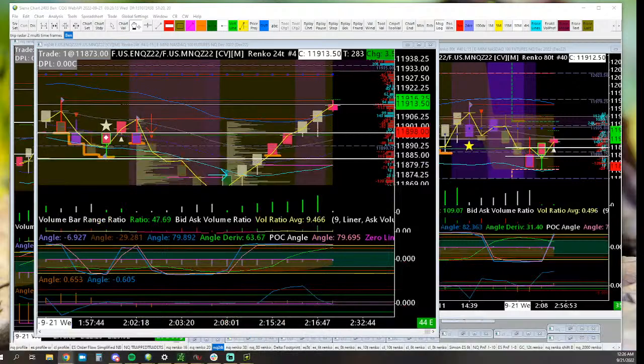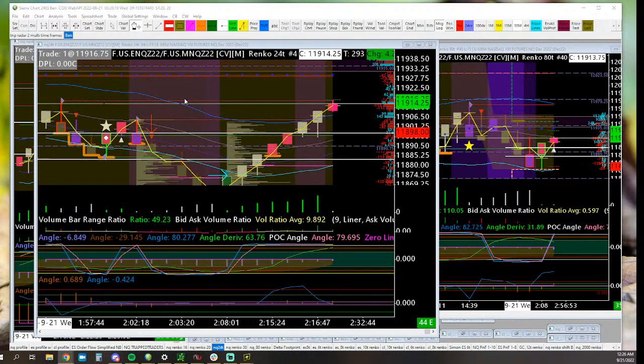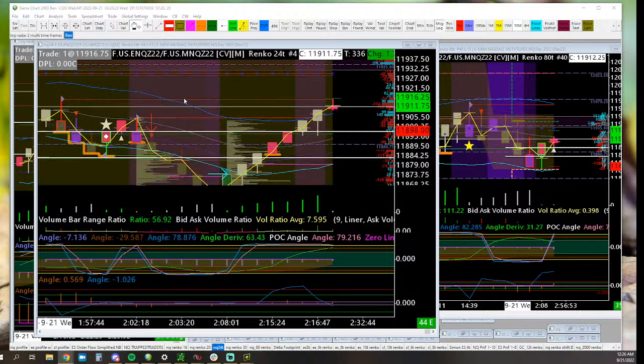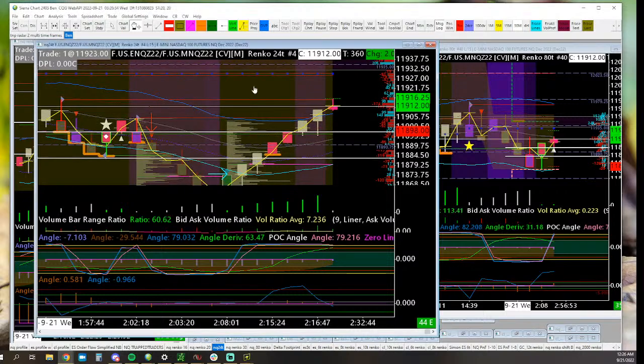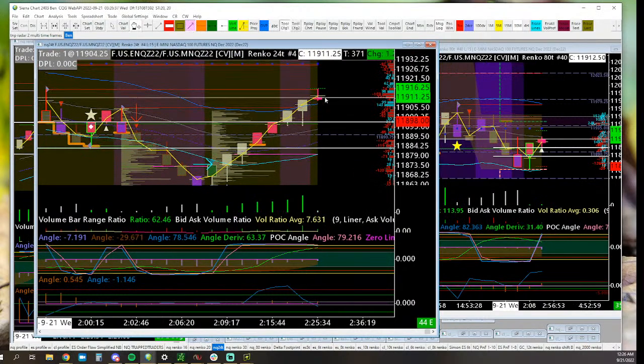And I'm okay with that, because I'm also not going to catch knives when it's not a good idea. So those V's are just not for me. If you can catch them, good for you. I don't try. I would much rather take the high odds trade that usually develops after this, right?